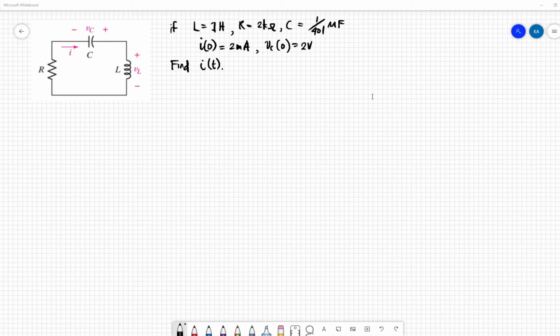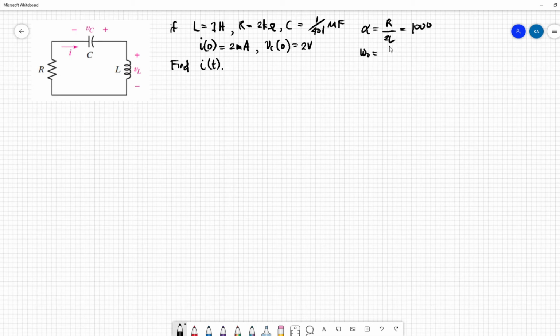If L is equal to 1 Henry, R is equal to 2 kilo ohms, and C is equal to 1 over 401 microfarad, and we are given the initial values of I and VC, find the expression of i(t). First, let's determine the values for alpha and omega naught. Alpha is equal to R over 2L equal to 1000.